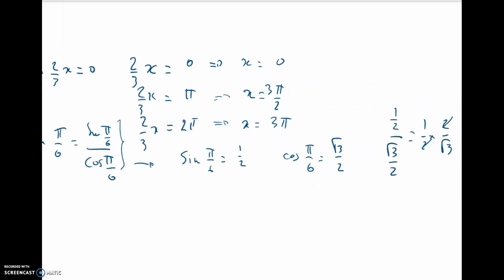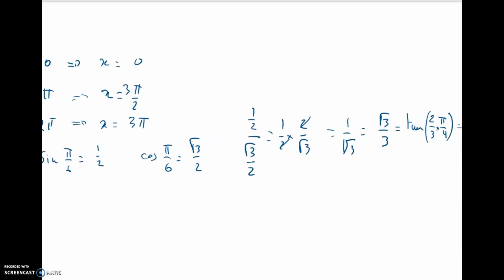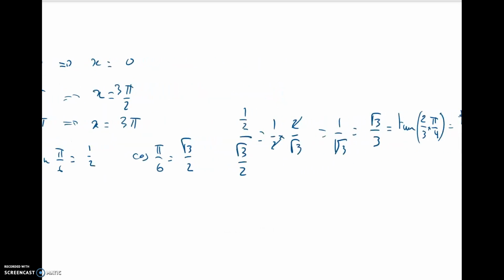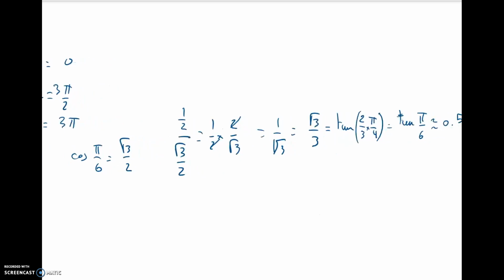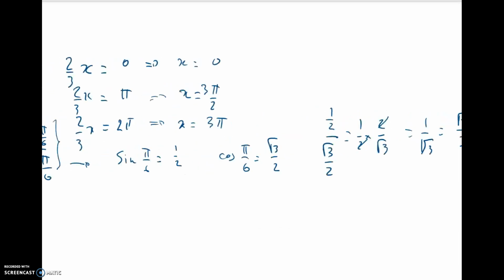When I substitute the value of sine pi over 6 and cosine pi over 6 with the trigonometric circle values, I'm going to find a value of square root of 3 divided by 3, which is the rationalized expression of 1 over square root of 3, which is about 0.577.